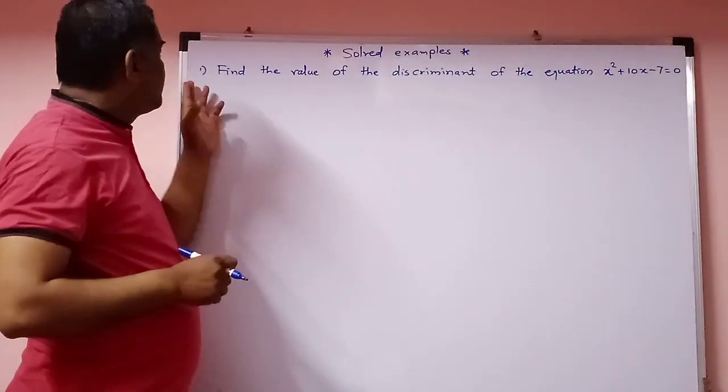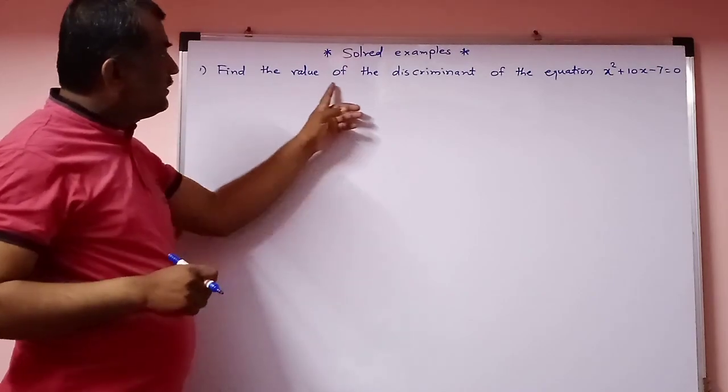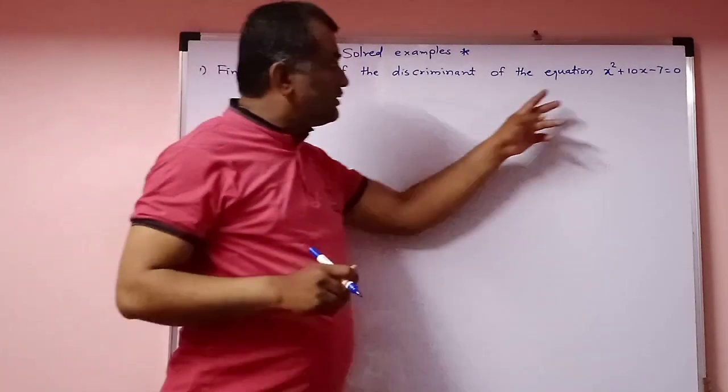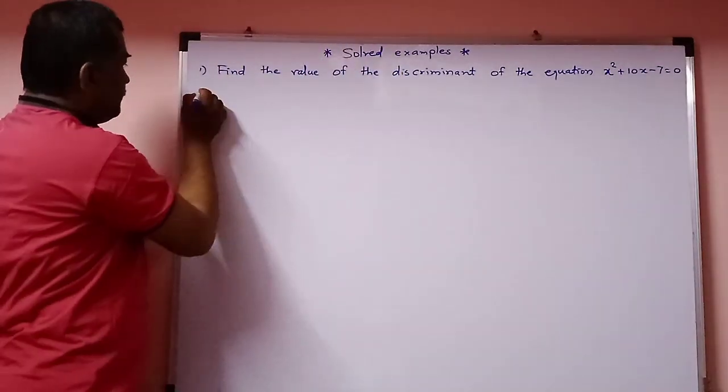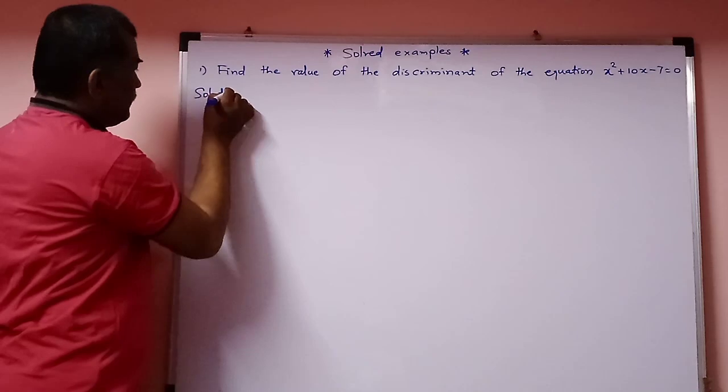सॉल्व्ड एक्झाम्पल मध्ये फर्स्ट एक्झाम्पल काय पहा, फाइंड द व्हॅल्यू ऑफ द डिस्क्रिमिनंट ऑफ द इक्वेशन x square plus 10x minus 7 is equal to 0. Solution.